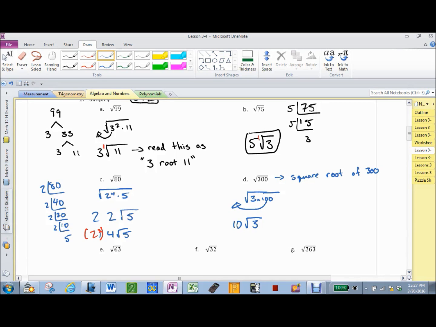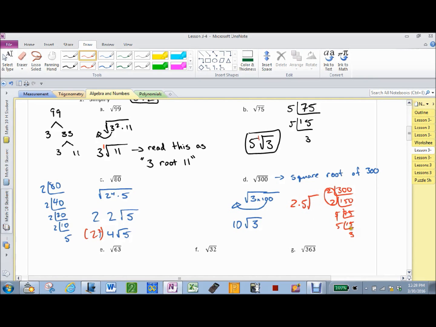Now, could we do this the long way? Would it still work? Sure it would. Watch. 300 divided by 2 is 150, divided by 2 is 75, divided by 5 is 15, divided by 5 is 3. Is there a group of 2? So out it comes. 2. Is there a group of 2? So out it comes. 2 times 5.